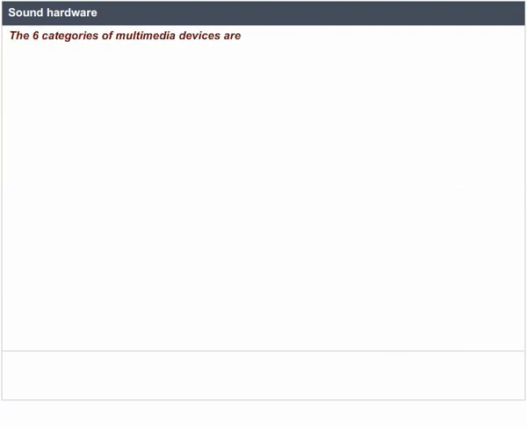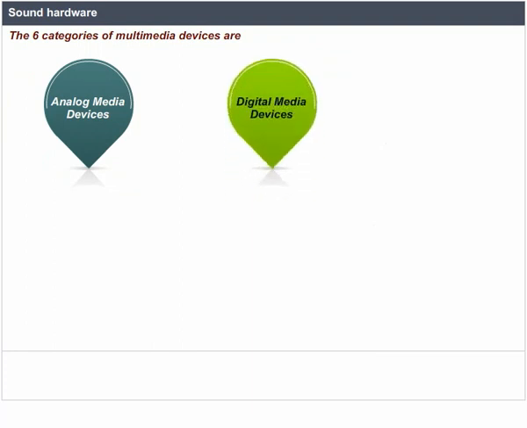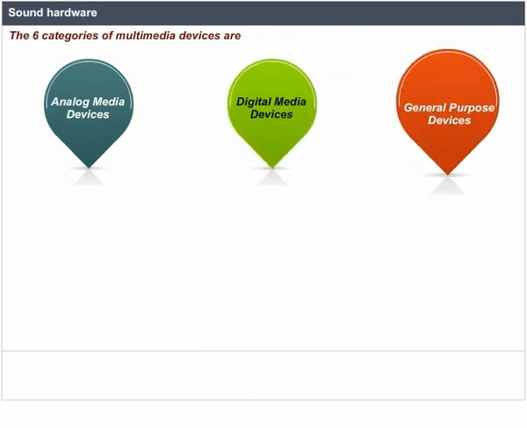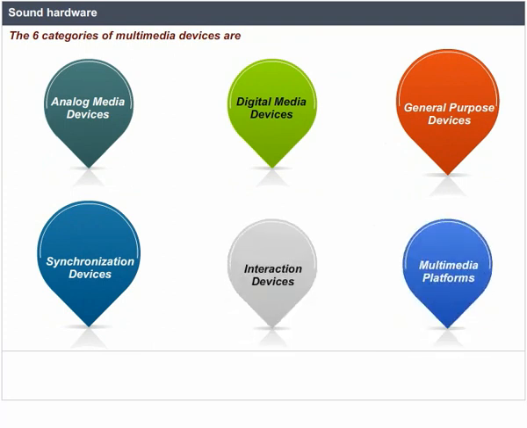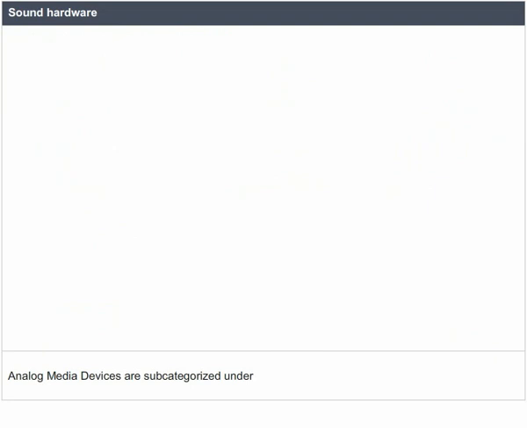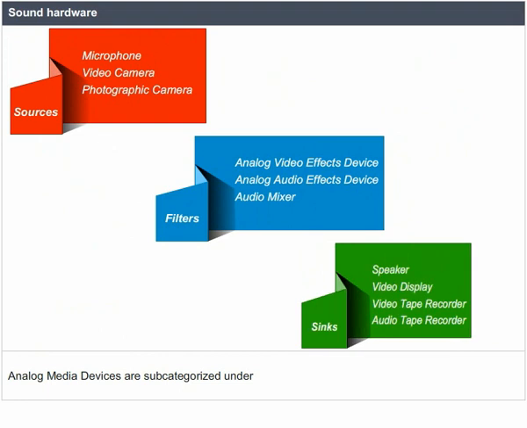The 6 categories of multimedia devices are analog media devices, digital media devices, general purpose devices, synchronization devices, interaction devices, multimedia platforms. Analog media devices are subcategorized under sources, filters, sinks.